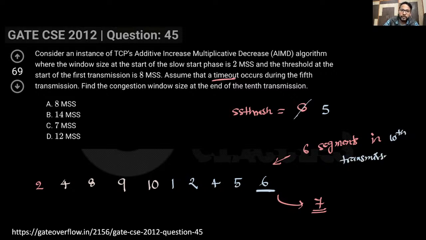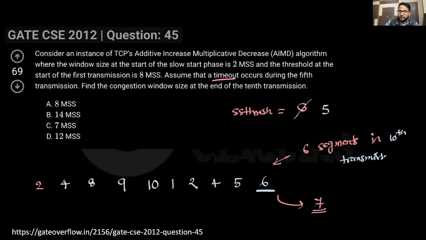Whenever you are sending the 6 packets, this is 1, 2, 3, 4, 5, 6, this is the 10th transmission. But what is the end of the 10th transmission? When you receive all of the ACKs, this is called end of the transmission, right? So at this moment they are asking, it should be 7.